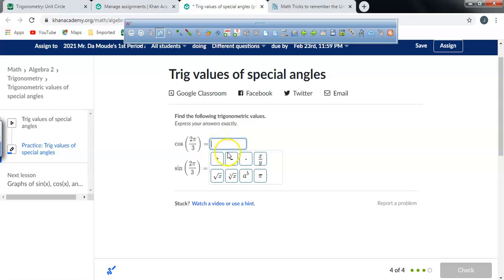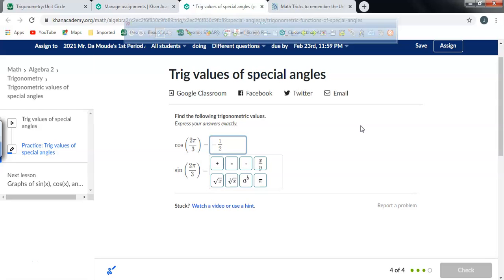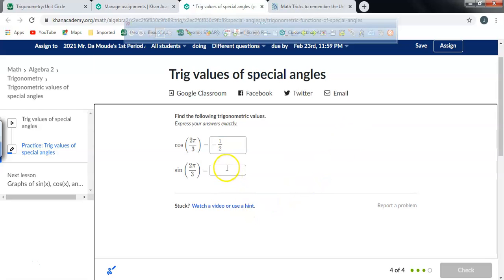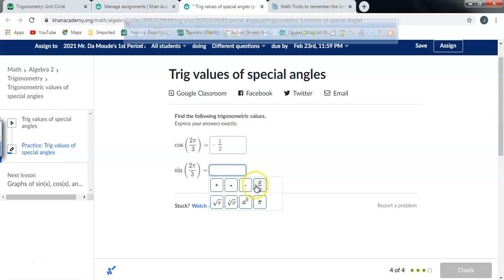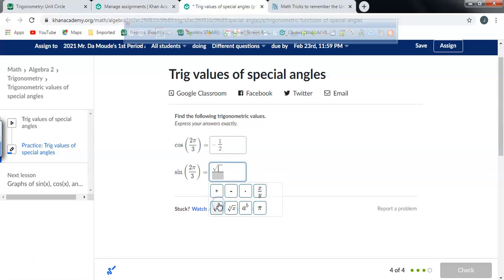So your cosine was negative 1/2. And this was positive radical 3 over 2.